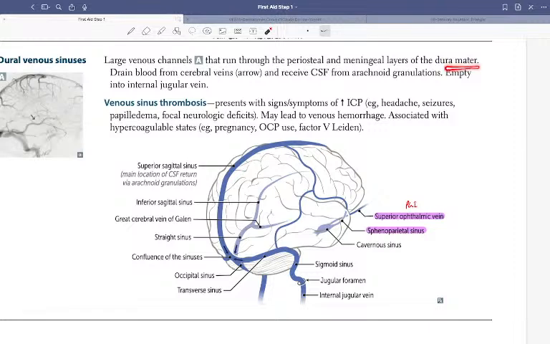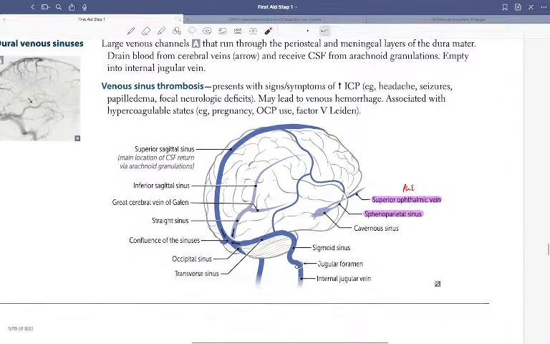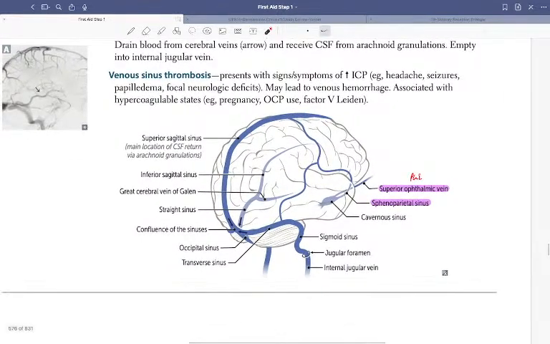They drain blood from the arachnoid granulations and empty into the internal jugular vein. Venous thrombosis presents with raised ICP, headache, seizure, papilledema, and focal neurological deficits. Risk factors are factor V Leiden, OCP use, and pregnancy.